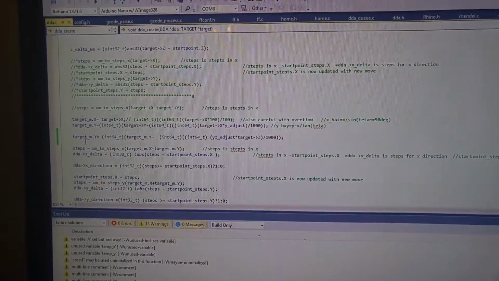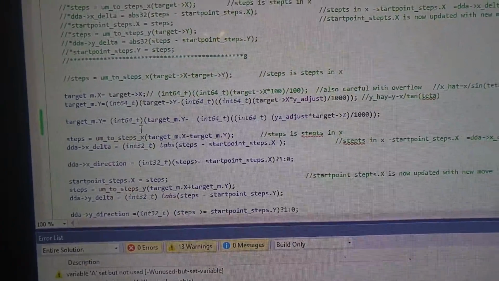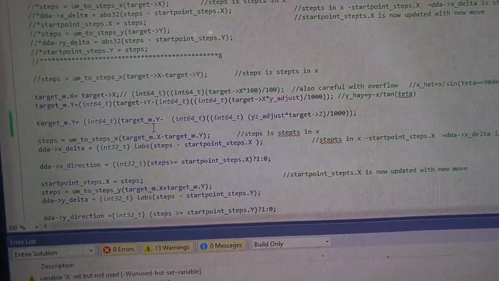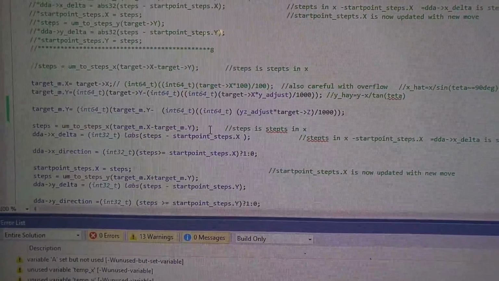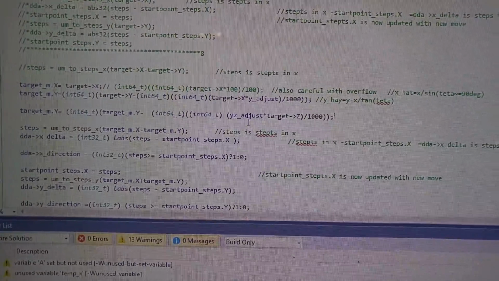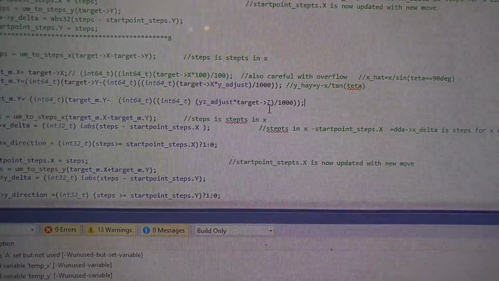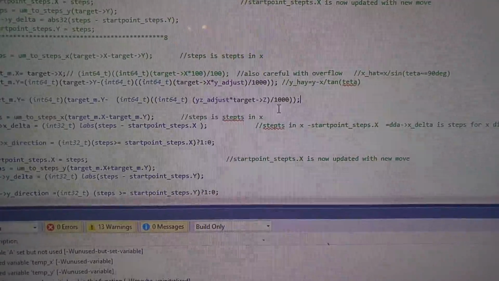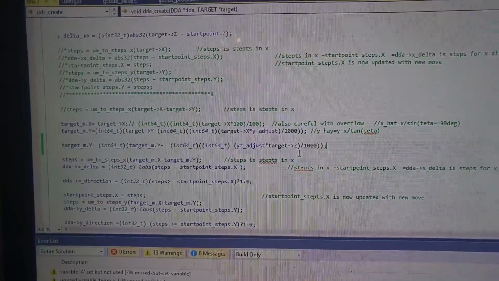So target_M, which is for the machine, at Y is equal to target_M.Y minus YZ adjust multiplied by target Z divided by H. So technically the same formula here, and that will take care of that part.